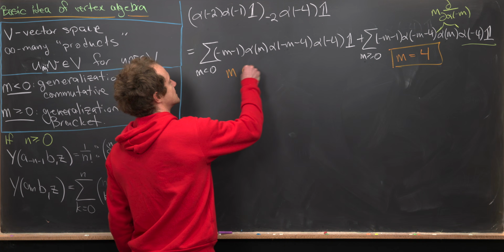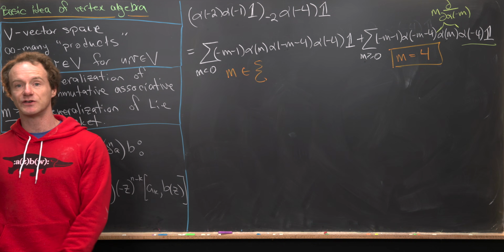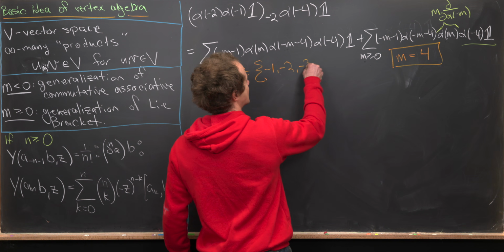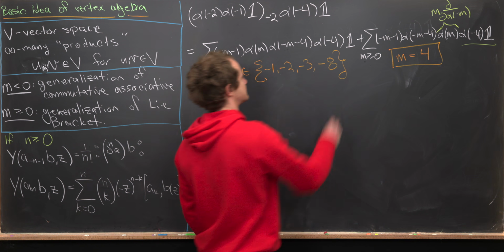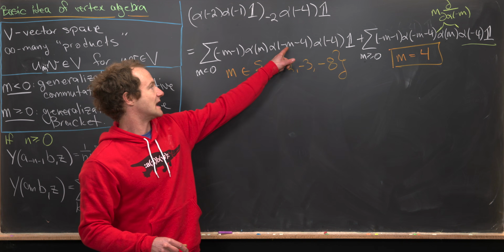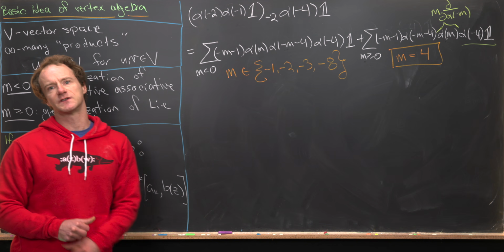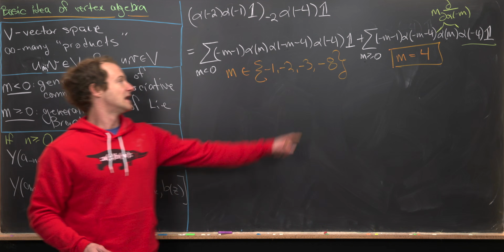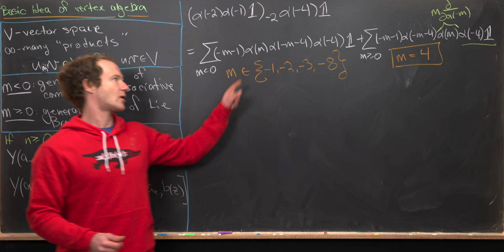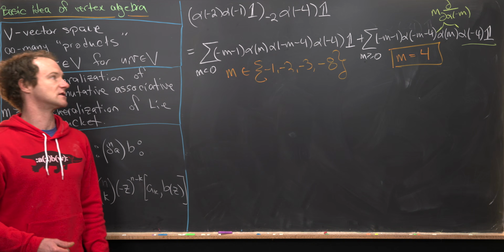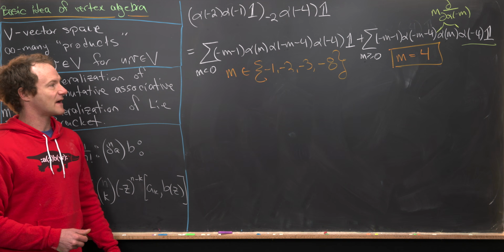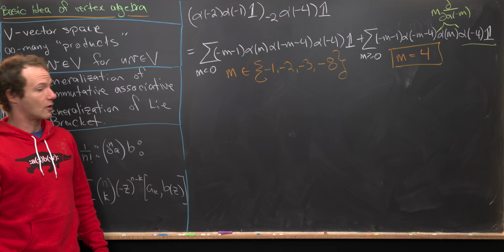So just to summarize, the values of m that are allowed here will be -1, -2, -3, and -8. So -1, -2, and -3, because that leaves us with a negative number inside of this alpha, so it's just like multiplication. -8, because at that point it's become a partial derivative, but that partial derivative matches with what is to the right there.